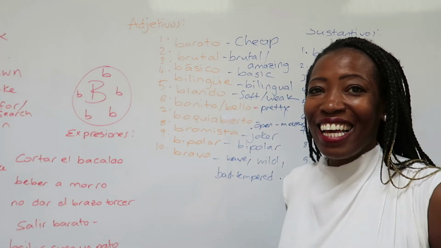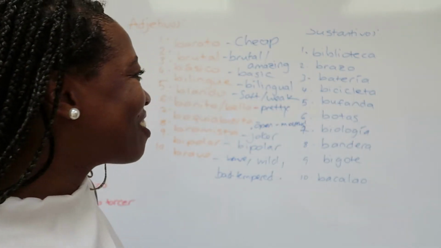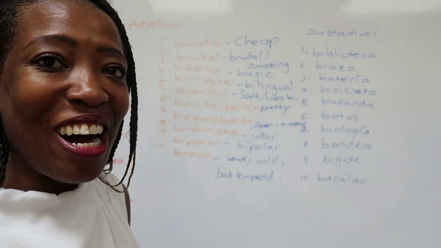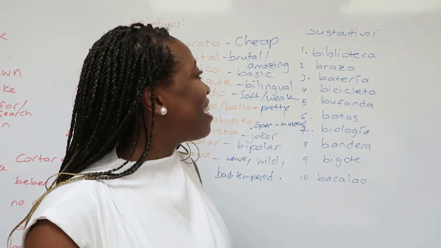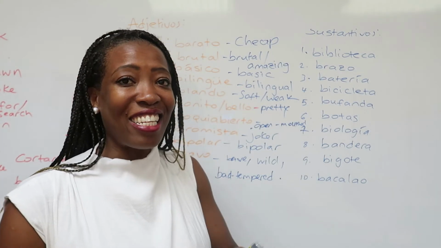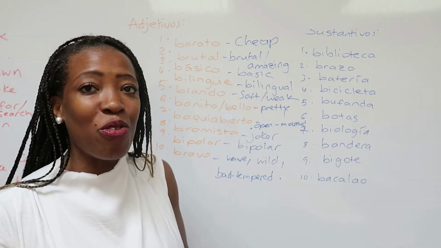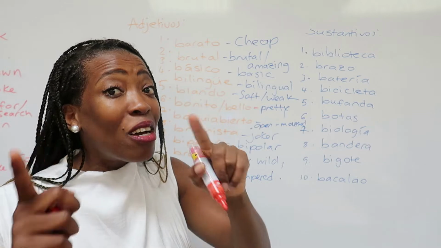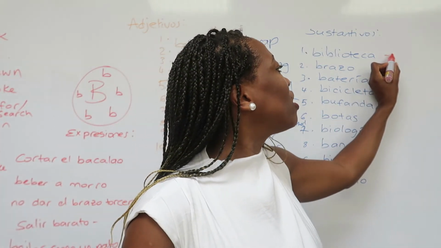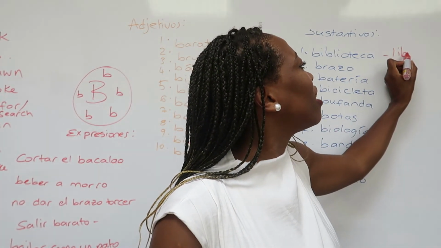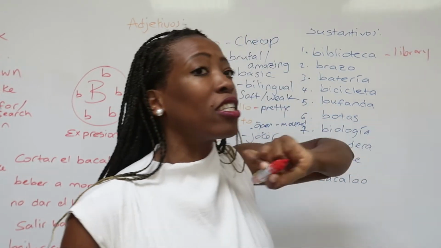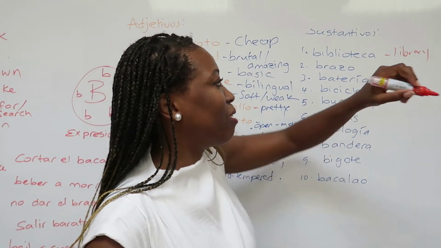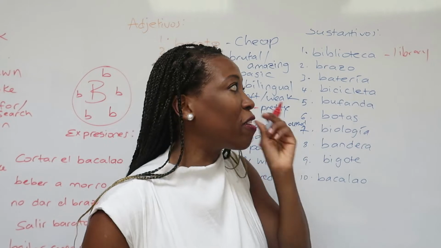Okay, and so we are going to move on to our noun section, and I'm just going to go through this very, very quickly. Biblioteca, we would have seen. Vete a la biblioteca a estudiar. So, the library. The writing is not going to be spectacular here because I'm doing this to not come out of frame.